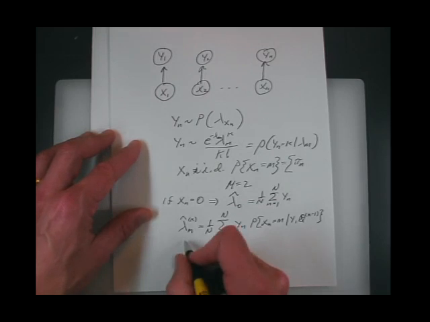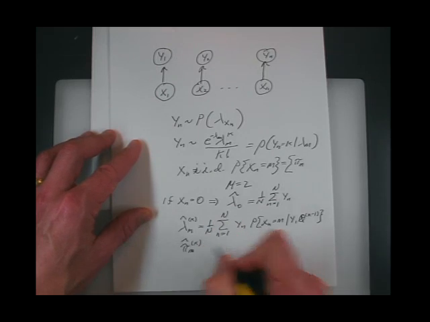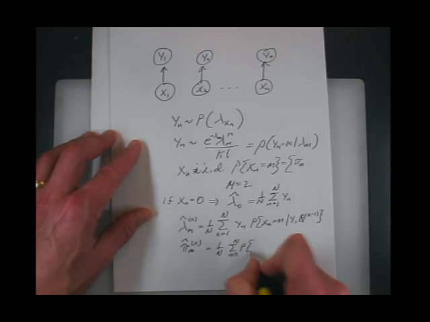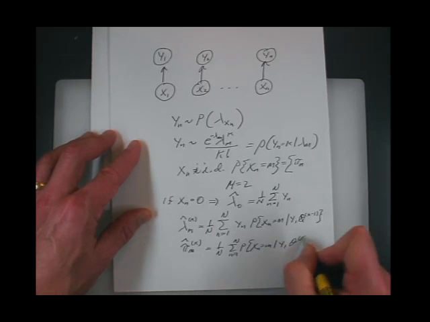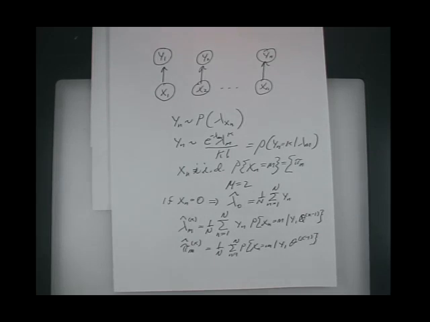And what's also going to happen is that pi m hat at iteration k is going to be 1 over n times the sum from n equals 1 to n of the probability that xn equals m given y and theta k minus 1. People might say, how do you know that's true? Shouldn't that be like n?